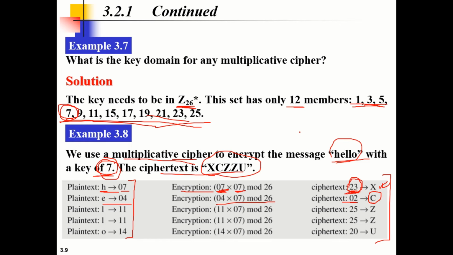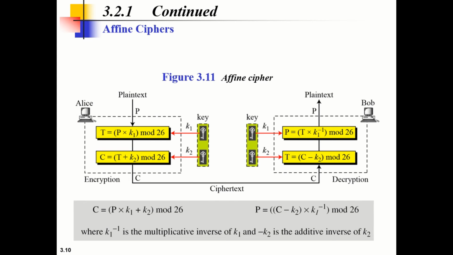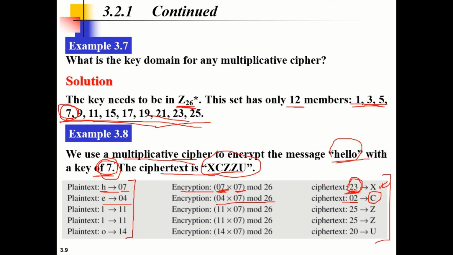Now we have encrypted the message. Now we will decrypt the message. How will we do that? What we will do is simply find the inverse of this 7 for this particular set Z26, and we will be dividing by that value, which will be the multiplicative inverse of 7 for Z26.